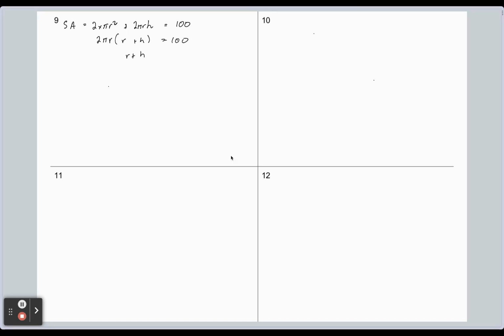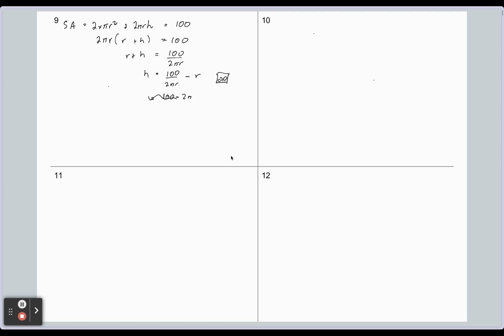Divide by 2 pi r to get 100 over 2 pi r on the right, and then h is equal to 100 over 2 pi r minus r. And that would be okay, although just thinking ahead, I reckon it's going to be easier if I have a common denominator. So it's going to be 100 minus 2 pi, oops, I've missed a step, haven't I?